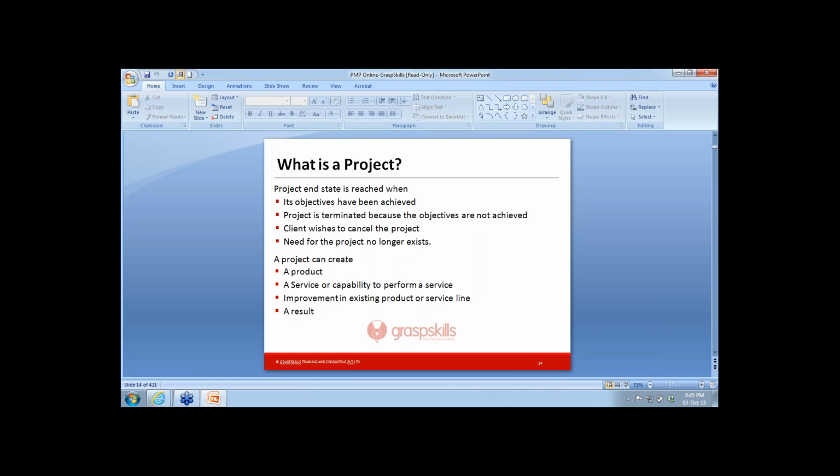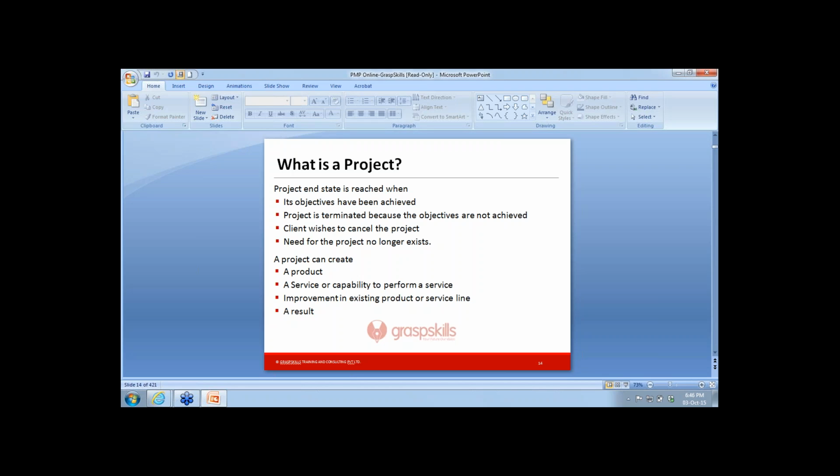Let's also understand another important project characteristic: what kind of outcomes a project can create. It could be a product, a service, a capability to perform a service, an improvement in an existing product or service line, or simply a result. To explain all these factors in detail, let's take an example.